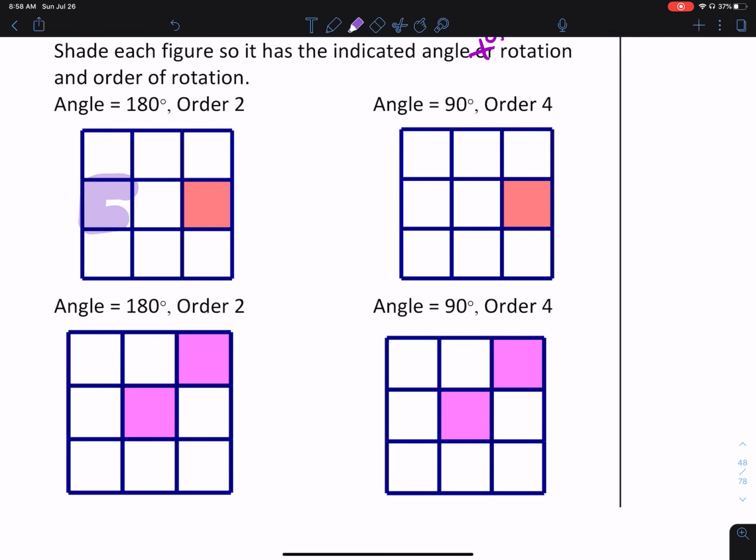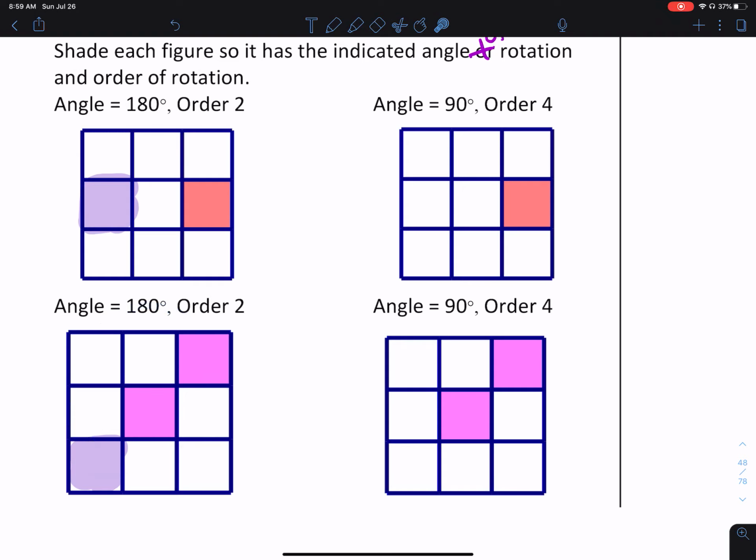Well, if I simply shade in this here, and I rotate this 180 degrees, it's going to put this on top of this and this on top of this. That makes sense. This one below it, if I shade this bottom corner and rotate it 180, this is always going to be in the center. 180, this would come here and this would come here.